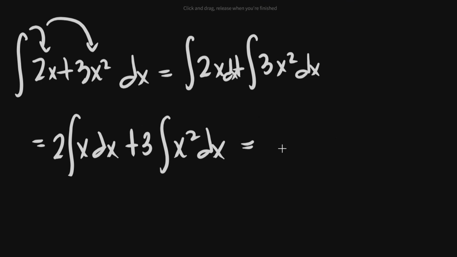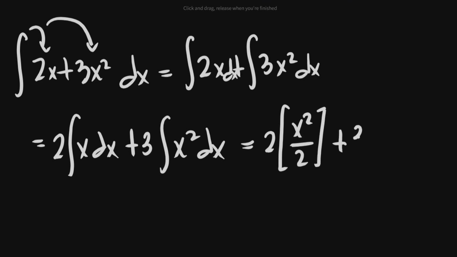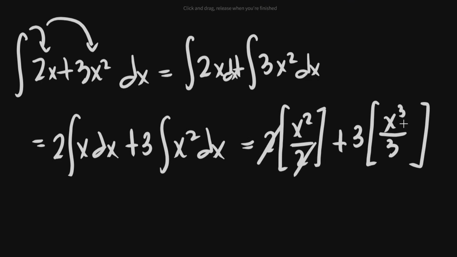And that should be 2, 1 plus 1, x squared all over 2, plus 3, 2 plus 1 is equal to 3, all over 3. And these should cancel out. Then we would be left with x squared plus x cubed. And don't forget the plus c.